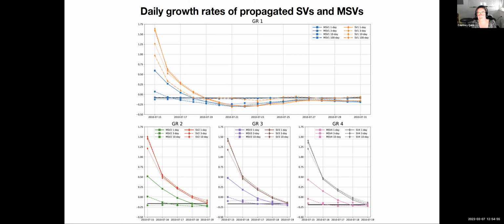Again, the singular vectors stay quite positive for a long forward propagation. It takes a lot longer for the growth to die down, and that's in all of our vectors, even in our second, third, and fourth vectors.